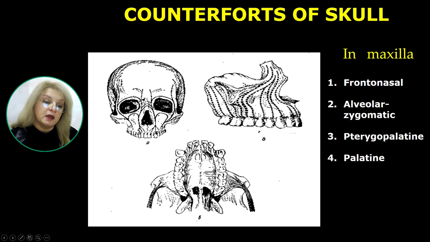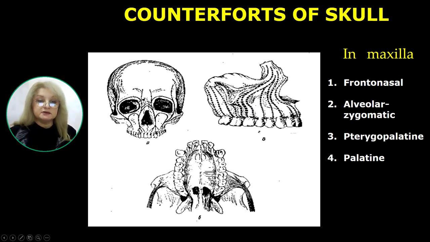If we bite or chew something hard, our very thin facial bones can crack. We can have a fracture. To prevent this, these lines redistributing pressure help to do it. And these are called counterforts.